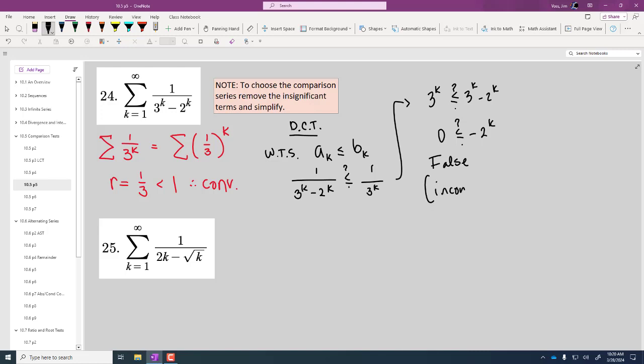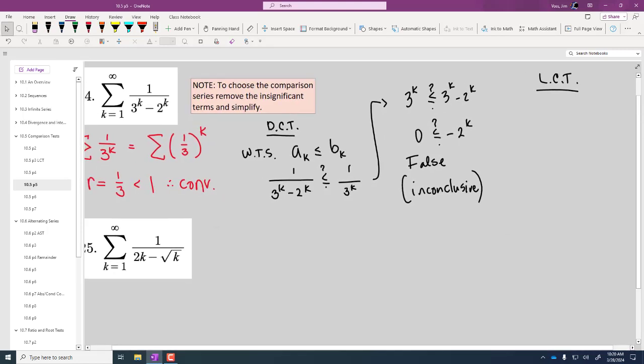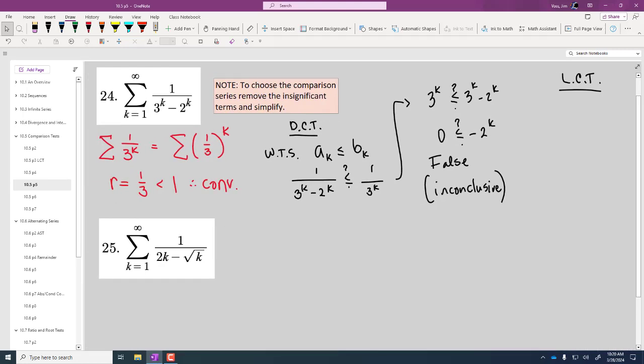So if that's inconclusive, then we go over to the limit comparison test. And let's actually just think about this with our brains for a second. This denominator is smaller than this denominator.